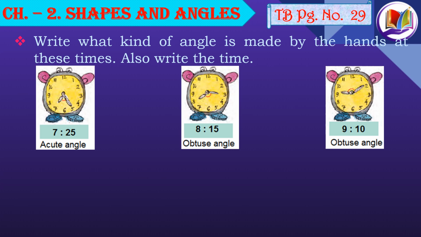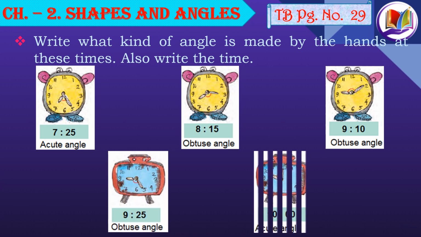The next one again, the movement of the hands from 9 to 2: 9 to 10, 10 to 11, 11 to 12, 12 to 1 and 1 to 2. That's a difference of more than 5. That is, if one difference of an angle is 30 degree, then 5 would be more than 90 degree, and that's an obtuse angle.